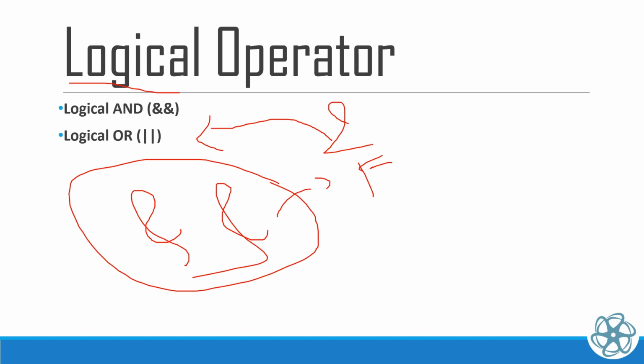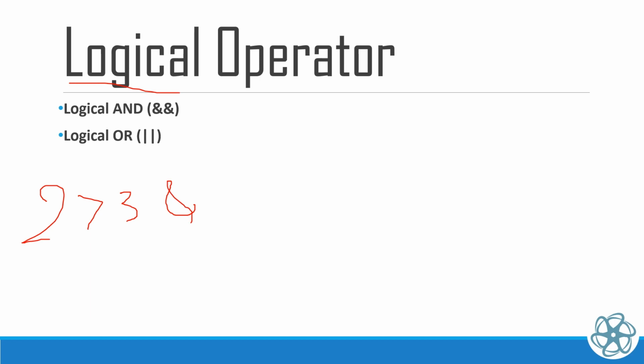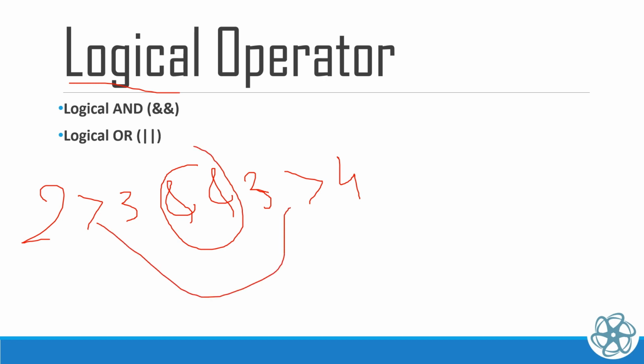If there are two conditions like 2 is greater than 3 and 3 is greater than 4, here && is the logical operator and these are the comparison operators.